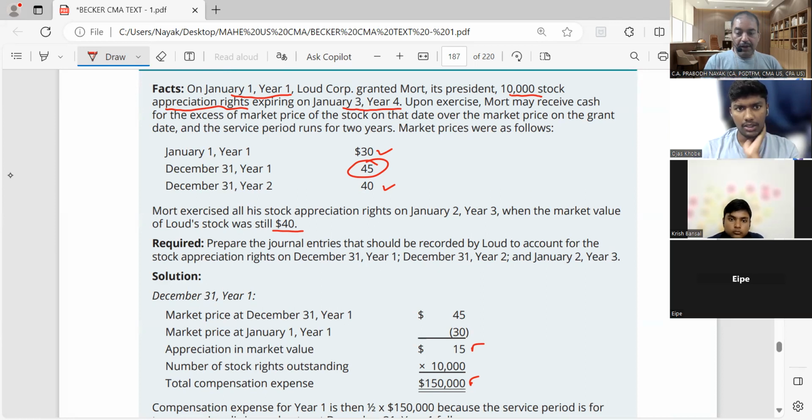We'll be given the additional information. But it will be for 2 years only. Then service period will be of 2 years. Since he is exercising the rights at the end of second year, it will be completing in the second year only. Okay.